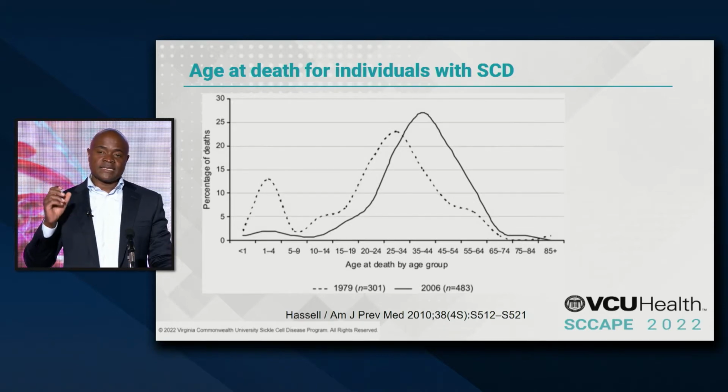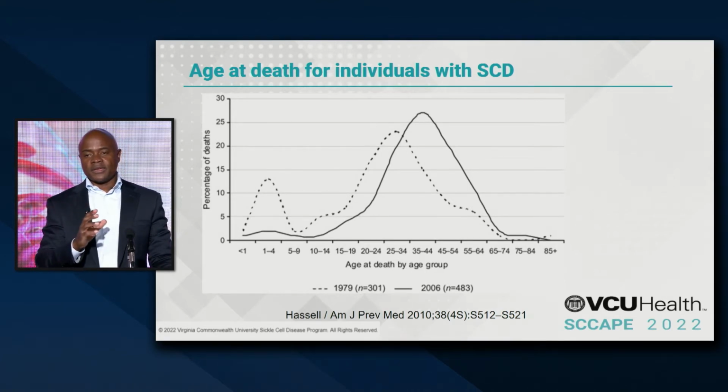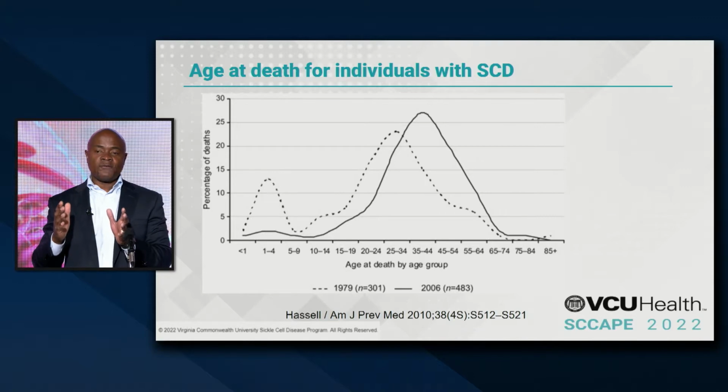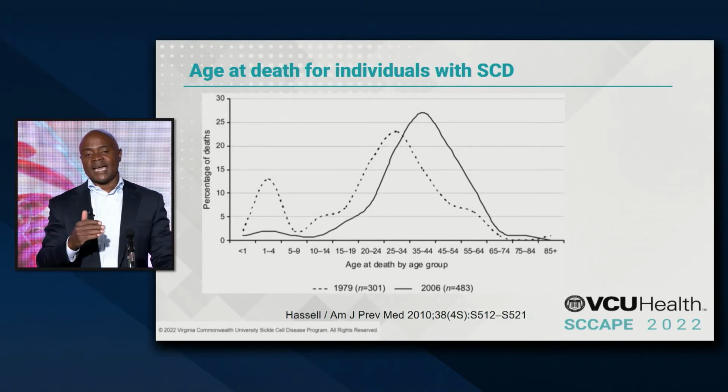Sickle cell disease causes strokes. And unfortunately, with strokes, a lot of the burden is felt by younger individuals with sickle cell disease, children. So there was a time when many children with sickle cell disease would die from strokes and they would die from infections.